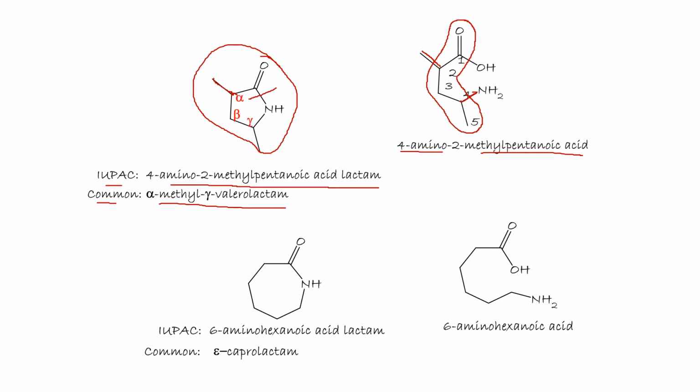For this one, the acid and the amino, alpha, beta, gamma, delta, epsilon. So it will be 1, 2, 3, 4, 5, 6, 6-aminohexanoic acid lactam.